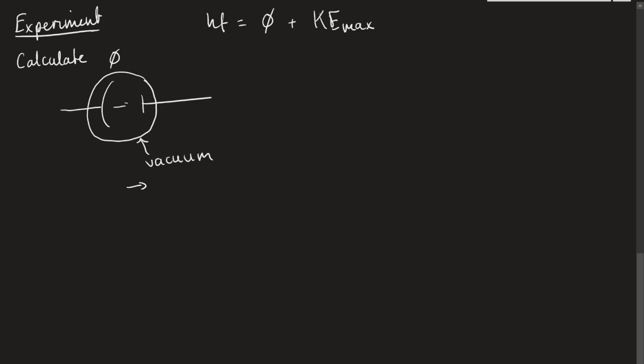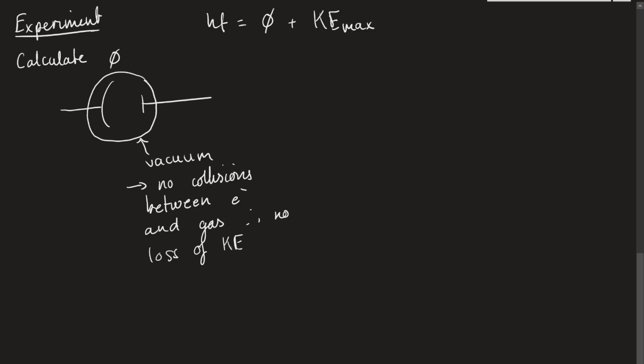The electrons are going to come across this gap, and we don't want them to collide with anything and lose any of this kinetic energy. So we make it a vacuum so that there are no collisions between electrons and gas molecules, and therefore no loss of kinetic energy. That's why we need it to be a vacuum.